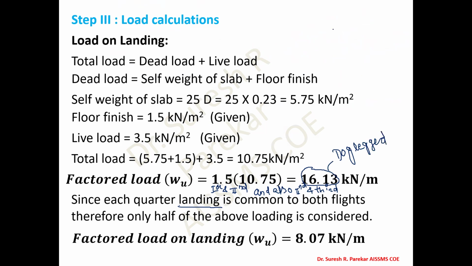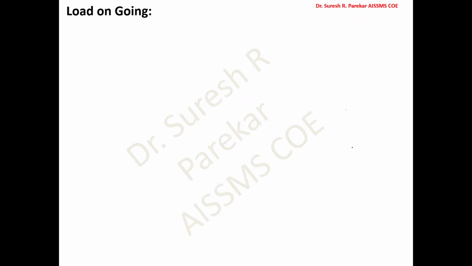Because if we draw the diagram for dogleg, we have the diagram in this fashion. So this landing is only for this flight and this landing is for the upper flight. So we do not have a common landing for the two flights, and therefore we consider the value as it is in case of dogleg staircase.